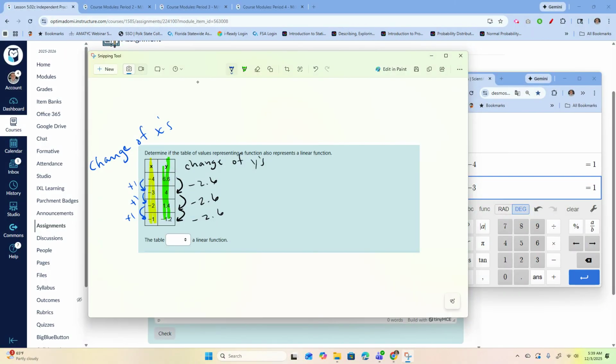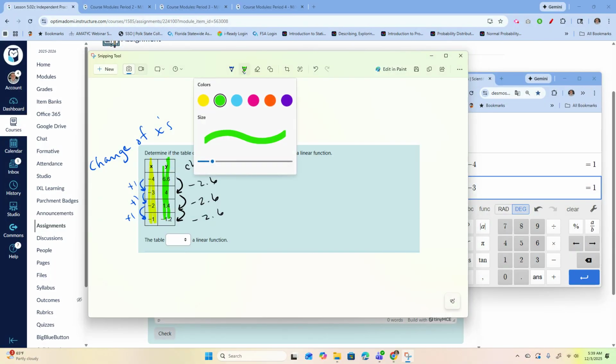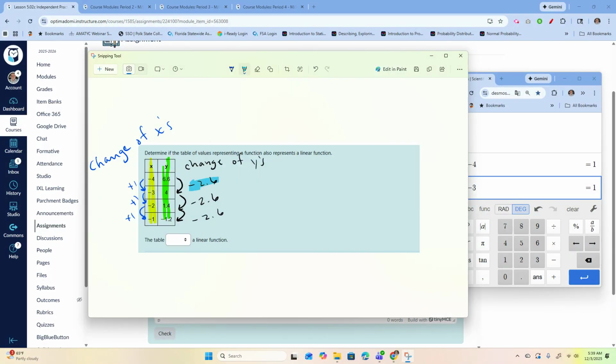If the numbers on the y's are all the same, and the numbers of the x's are all the same, then we say we have a linear function. That's the only time a table will have a linear function: if the changes in the y's, remember change means subtraction, and the changes of the x's are each the same number on each side.